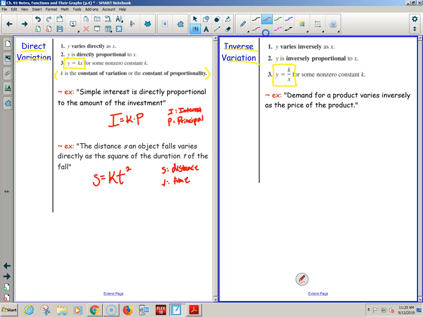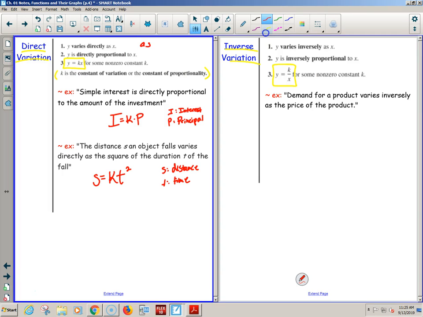A real quick hint of direct proportionality, or direct variation: as x goes up, y goes up, and as x goes down, y goes down.